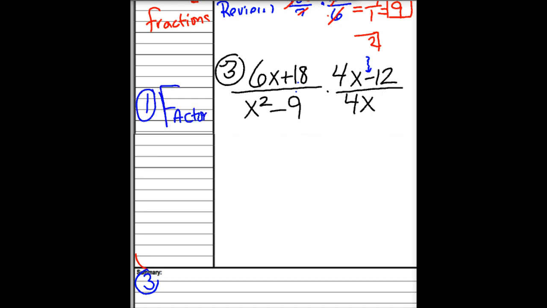So let's begin that. And our first question we ask ourselves is, can I pull anything out of this? For sure, because they're both even, I could pull out a 2, but obviously I got a nice big 6 that can be divided out of both of those. So I divide a 6 out of the top. Then I go to the bottom and I say, can I pull anything out of that?